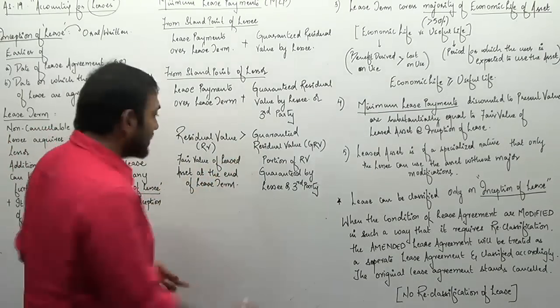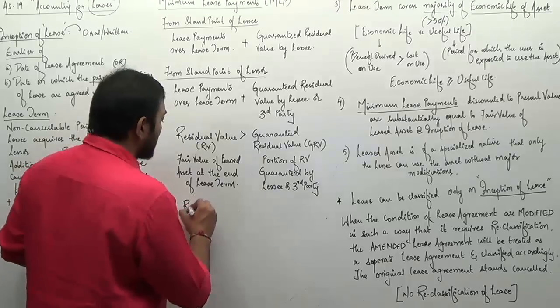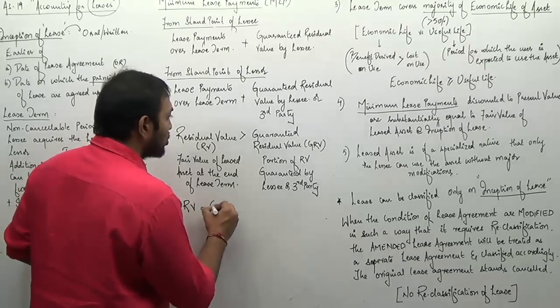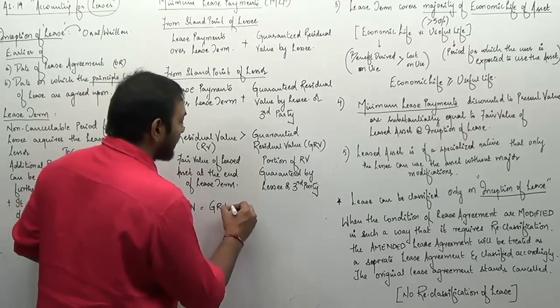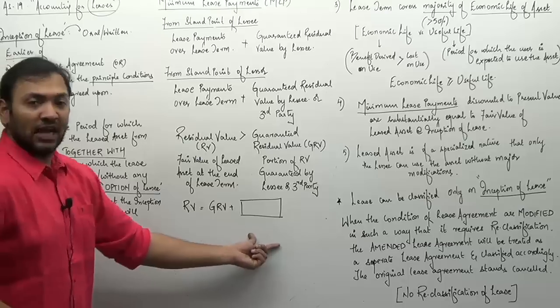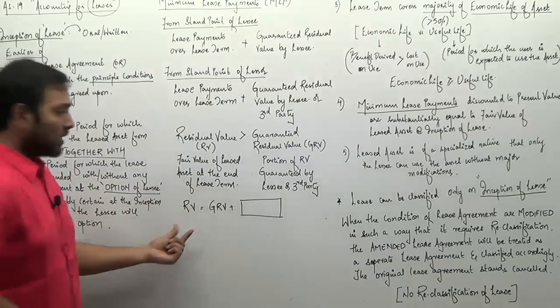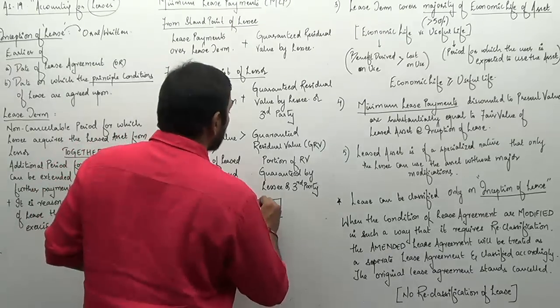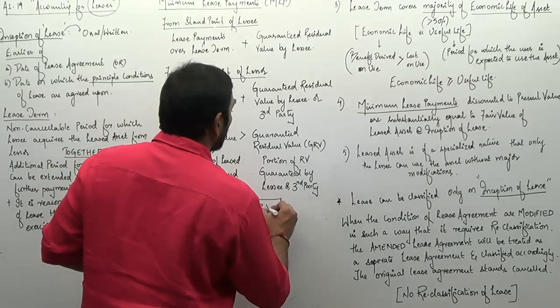To make it an equation, I'll write RV is equal to GRV plus something. If I add something to the GRV, then I'll get RV. The something here, I'll call it UGRV.